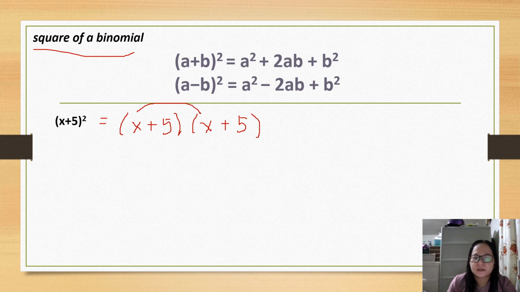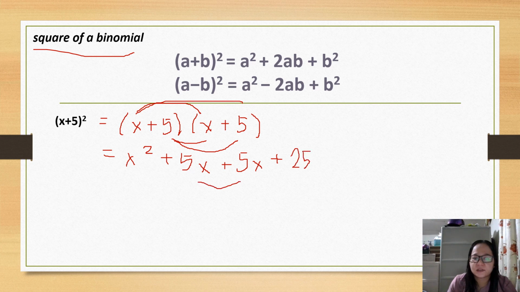So x times x, we have x squared. x times 5, we have 5x. 5 times x, we have 5x also. And then 5 times 5, we have 25.